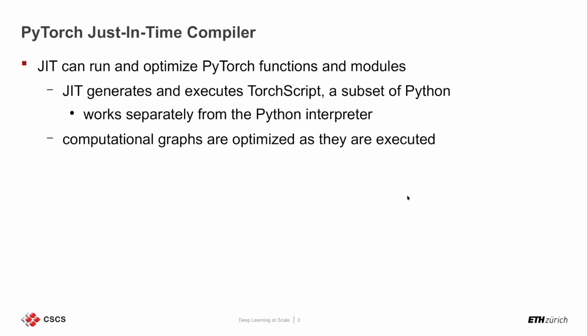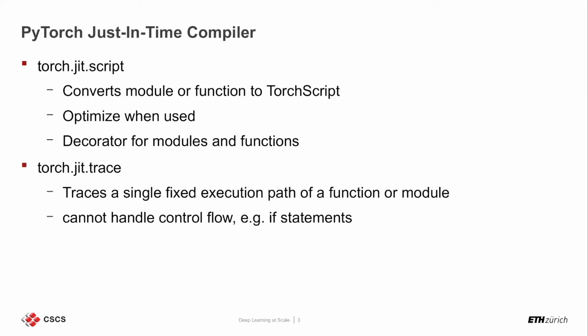It basically creates computational graphs: it parses the computational graphs of the PyTorch functions, and then they can be optimized as they are executed. That's why it's called a just-in-time compiler, so they are not compiled ahead of time. There are two ways of doing that.